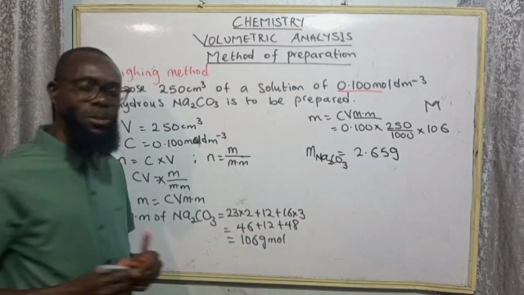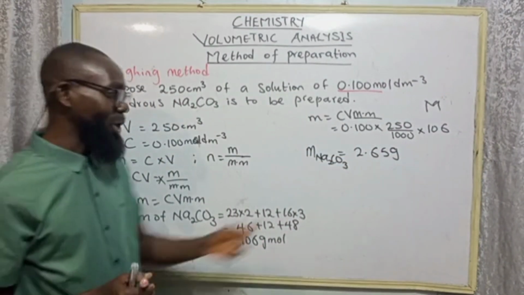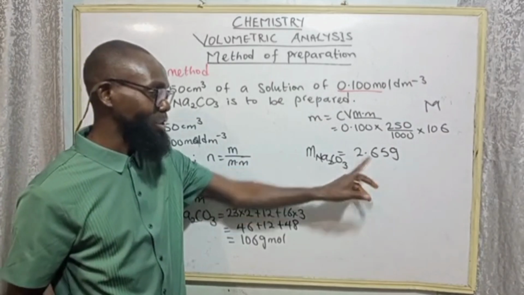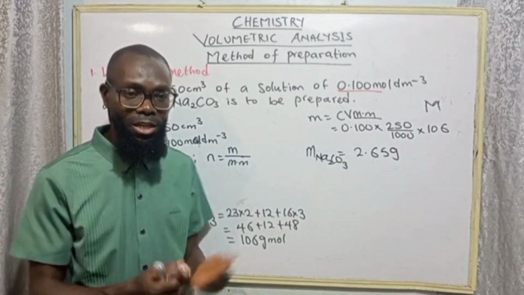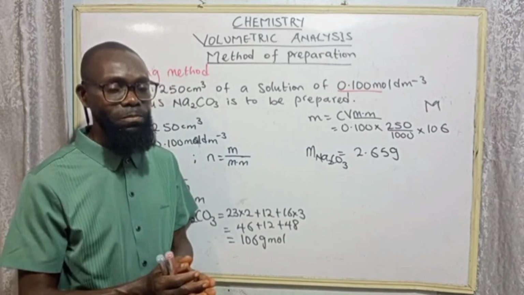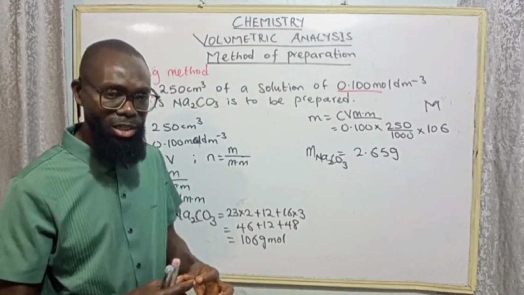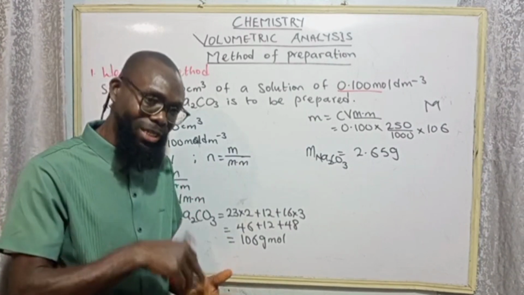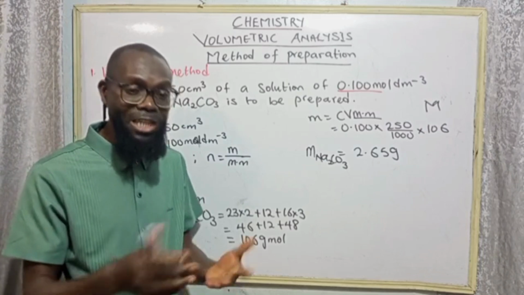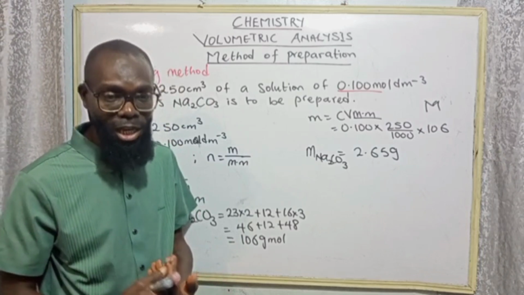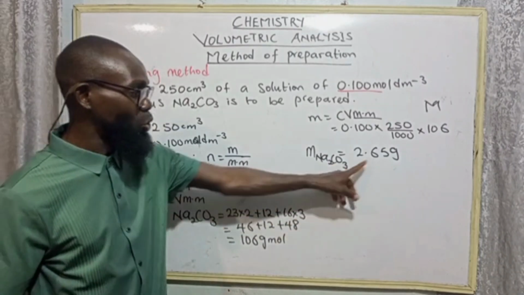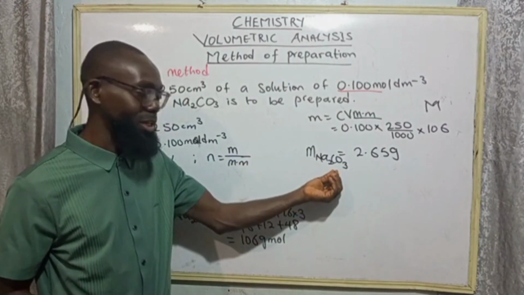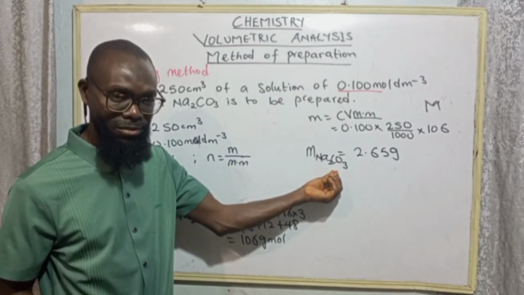Now, the first procedure is we are going to weigh the mass 2.65 gram on a weighing balance. We take a bottle or a petri dish, we put it on the balance to know the actual weight of that particular petri dish. If it is 0, it means we are going to add 2.65 grams of sodium trioxocarbonate(IV) on it.